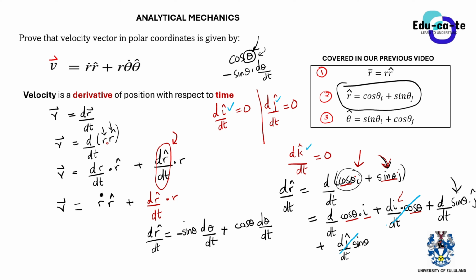So now here is what you have. You can see that you have got a common factor here that you can factor out. You have got d theta dt here. You also have got d theta dt here. So you've got two d theta dt's.